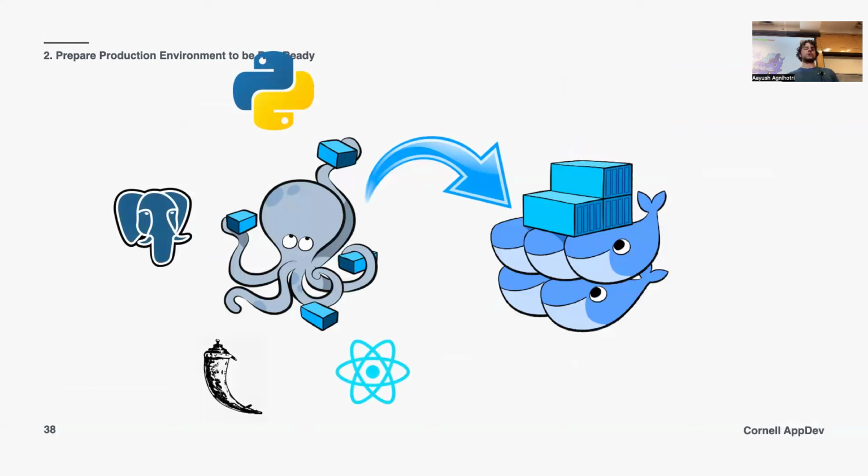With Docker Compose, all these whales compose into one unit. Whereas if you've got the octopus over here, you're juggling all these different frameworks: Python, Postgres, Node. That represents the VM way of running apps, but with Docker Compose, it's all run the same way. That's the whale analogy.